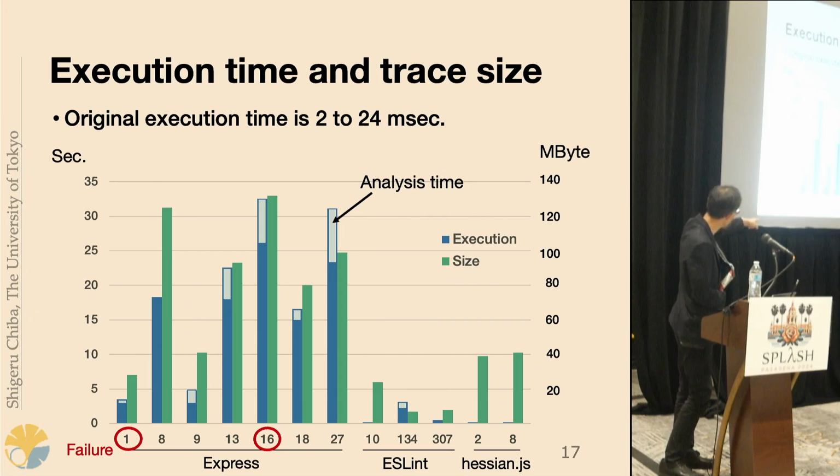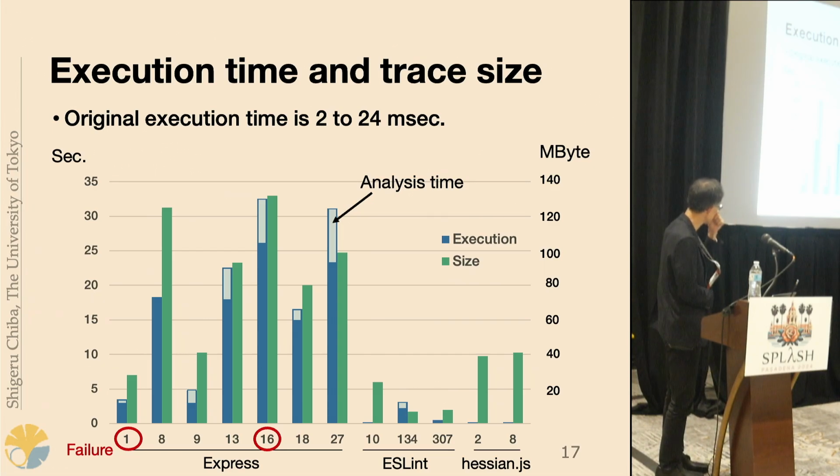Bug number 1 and bug number 16 are the bugs Bugfox could not find the cause of. But we couldn't see any serious differences between the cases where Bugfox can successfully find the cause and where it cannot.